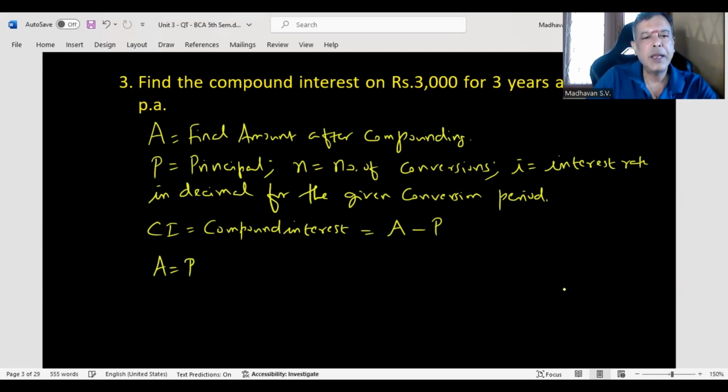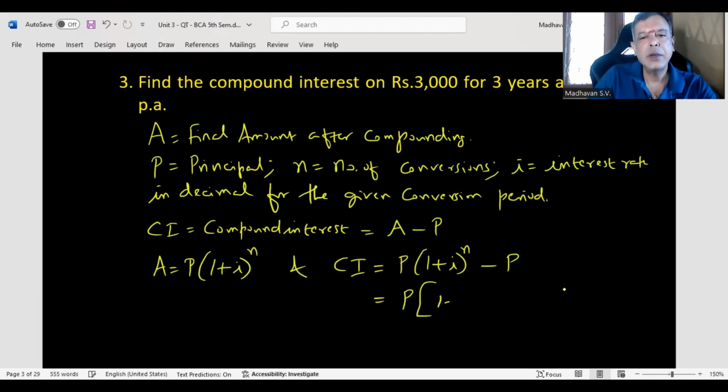Amount is P times 1 plus I to the power of N, and hence compound interest will be A, that is P times 1 plus I to the power of N minus P, that can be simplified as P times 1 plus I to the power of N minus 1, because P is common in both the terms. That will be your compound interest.